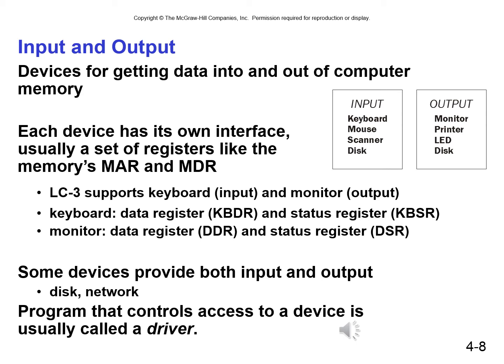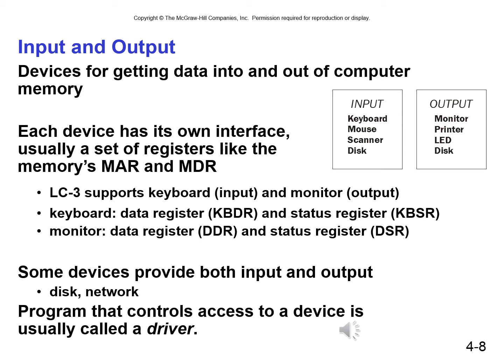So each device has its own interface, which is usually a set of registers, like the memory address register and memory data register. In the case of the LC3, being a simulator, it supports keyboard input and monitor output, both of which are ASCII devices, which we'll get to when we start programming.